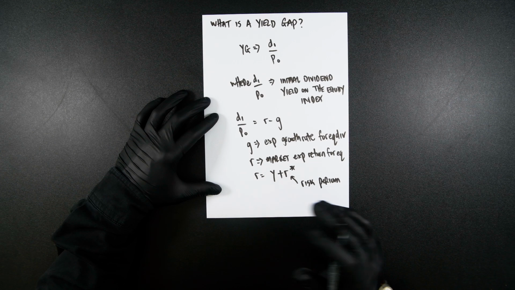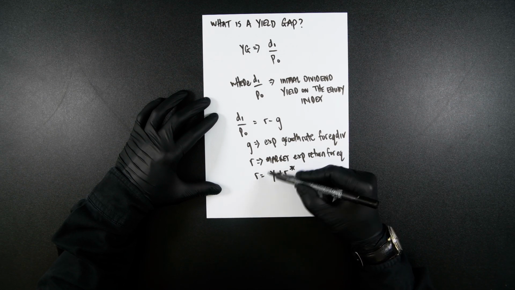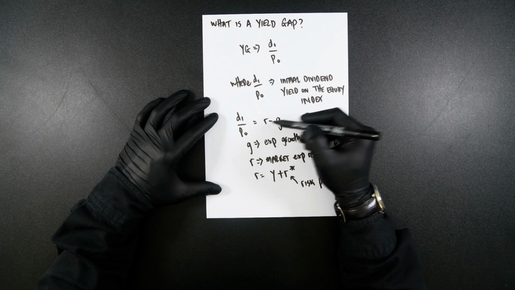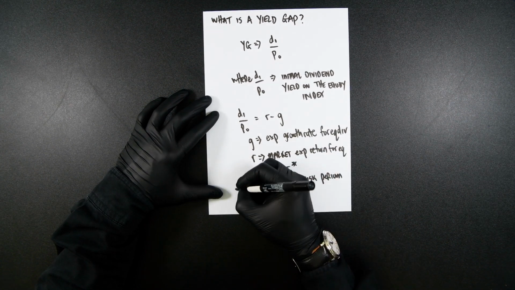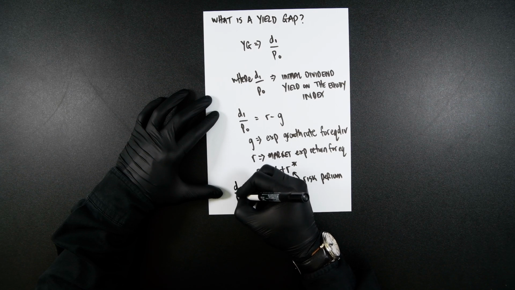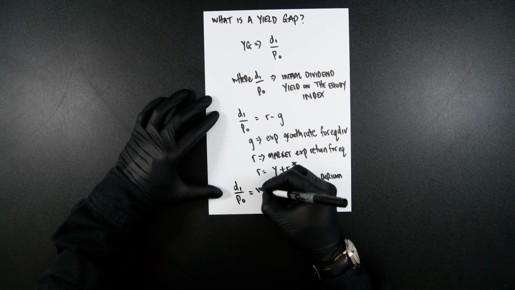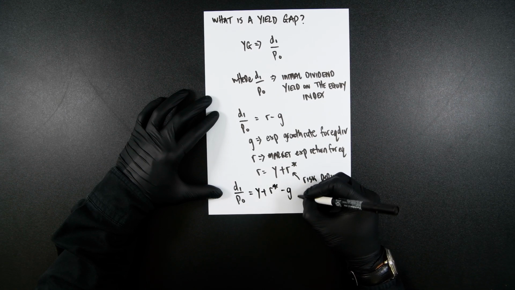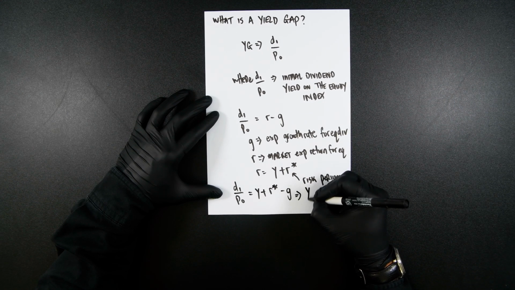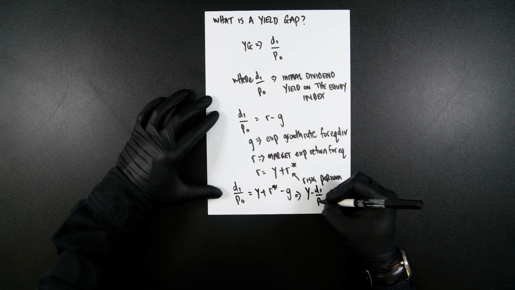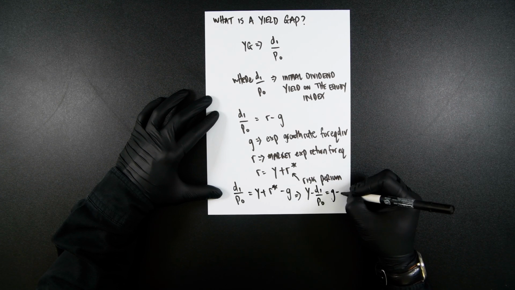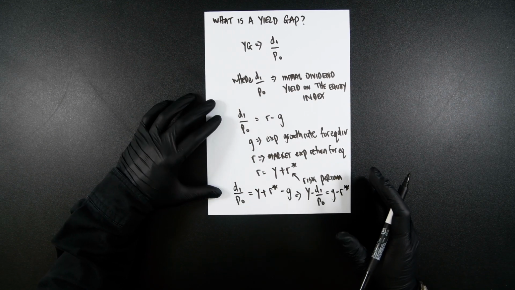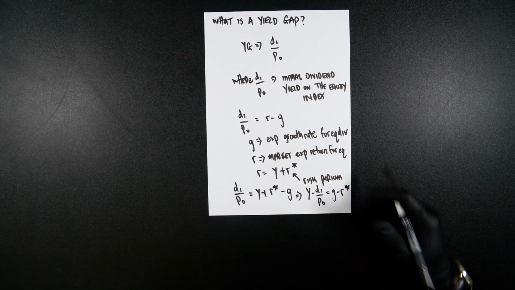So if we plug this R into our D1 over P0 equals R minus G, you're going to get D1 over P0 equals Y plus R star minus G. And if we now rearrange this, you're going to get Y minus D1 over P0, which equals G minus R star. So this might seem a little bit complicated, but let's now get an example and plug it in.